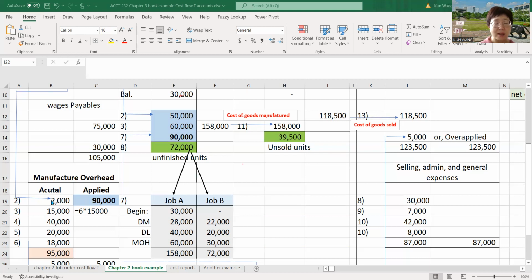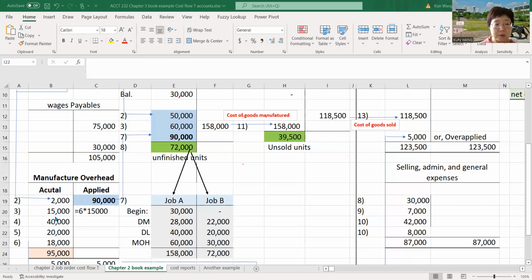You can use credits such as raw material, wages payable, or accumulated depreciation on the credit side. You can check in the book for the detailed journal entries.